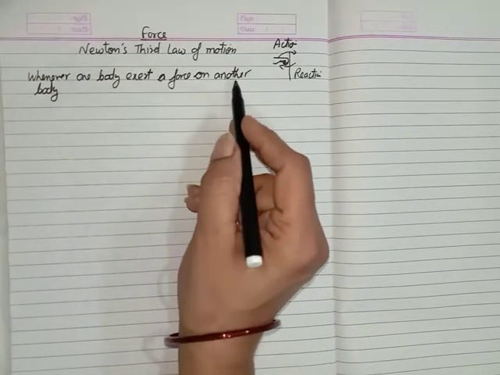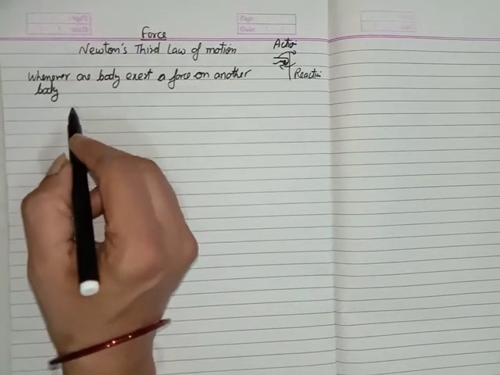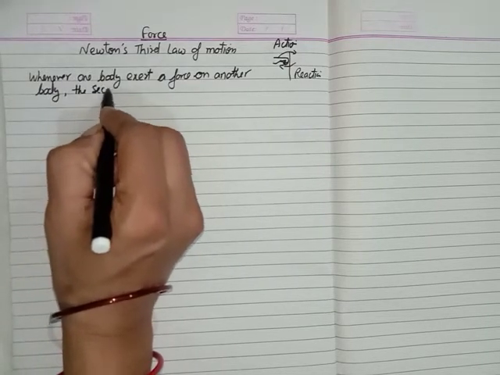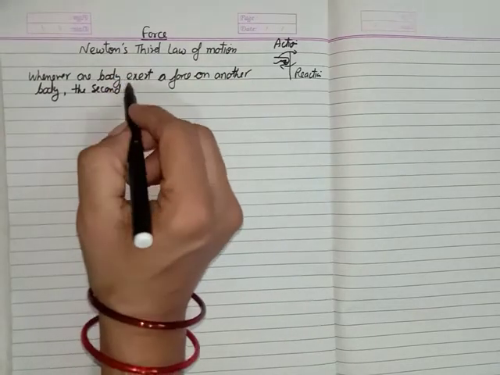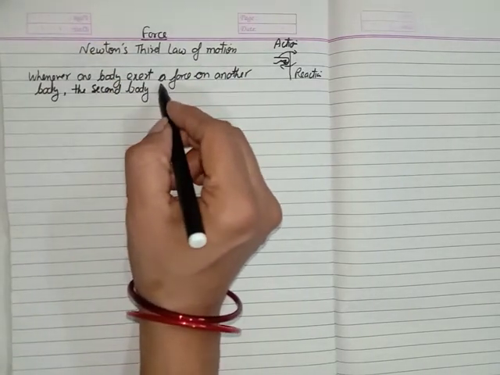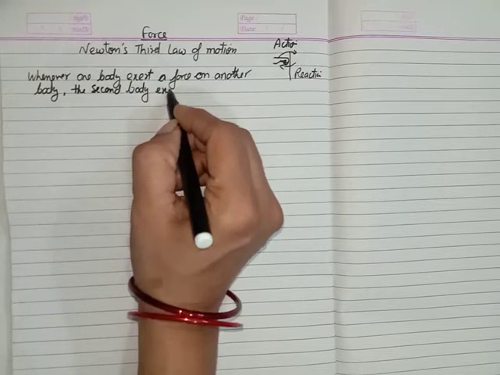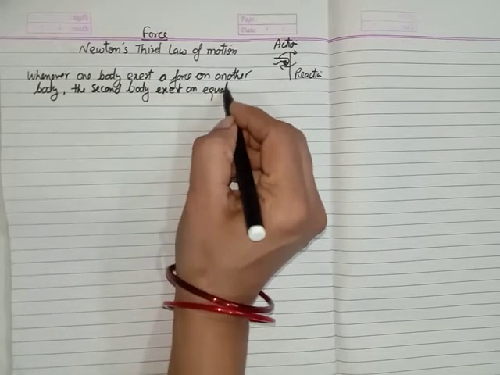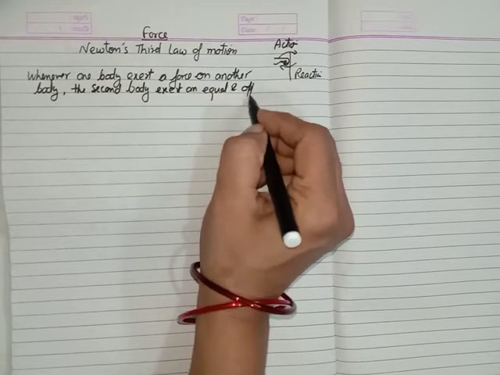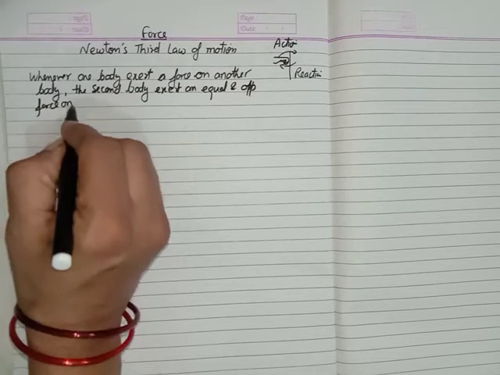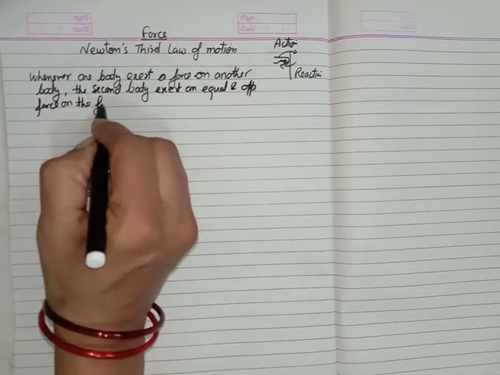So on another body, the second body, means this other body, the second body exerts an equal and opposite force on the first body.